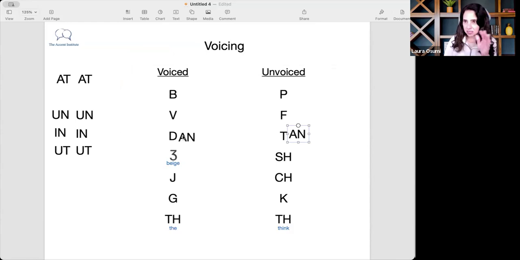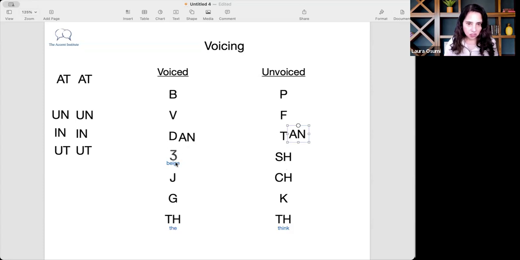Dan, my voice starts with the D and keeps going through the vowel and through the N. Dan. Now I'm going to turn my voice off and then turn it on at the vowel. Tan, tan. So I'm really having to be breathy just before turning on my voice.